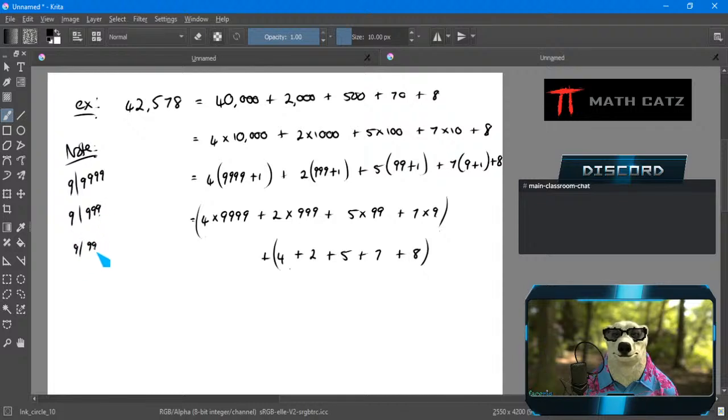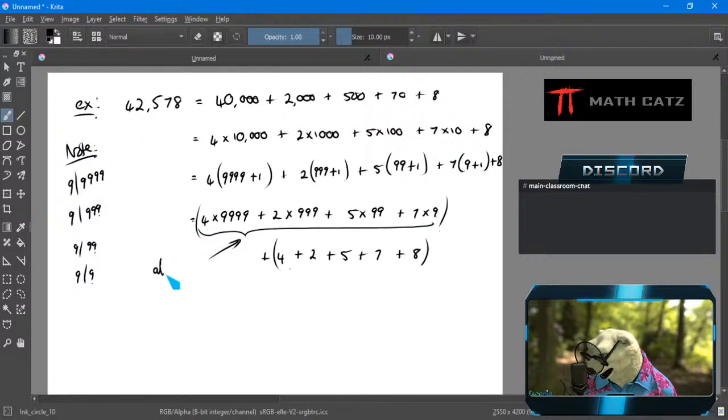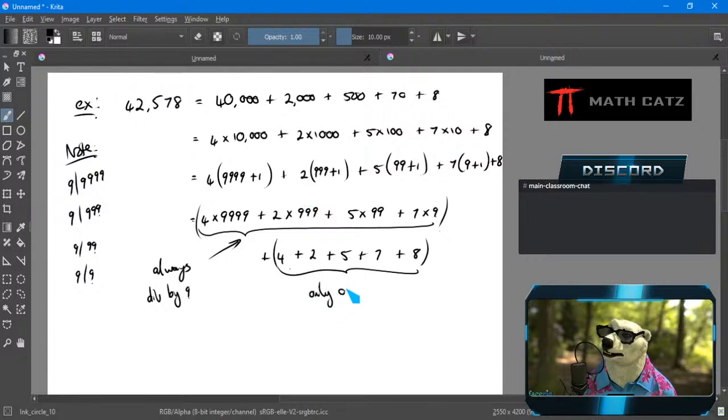It's going to divide into 99. It's going to divide into itself. Everything is good. So any multiple of these will be good. Then when I add them together, it's going to be good. Everything is going to be good. So this first portion is always divisible by 9. Therefore, the divisibility by 9 of the original number only depends on the sum of the digits again.